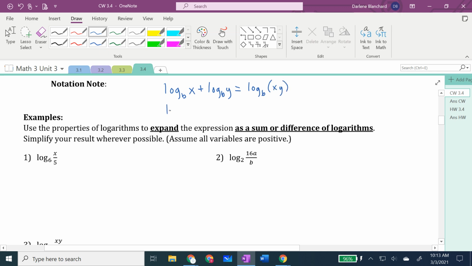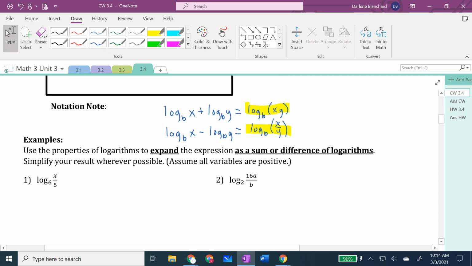Today's log rule is: if you are subtracting, you condense by dividing inside. If I'm expanding, I am starting with these, and I'm using the rule to go this direction to these.